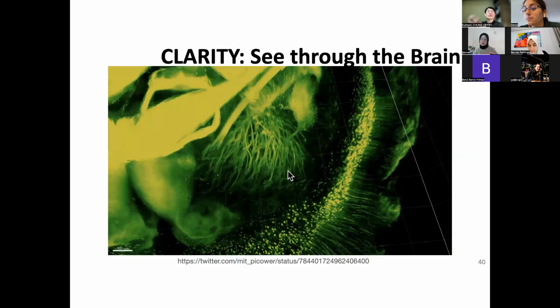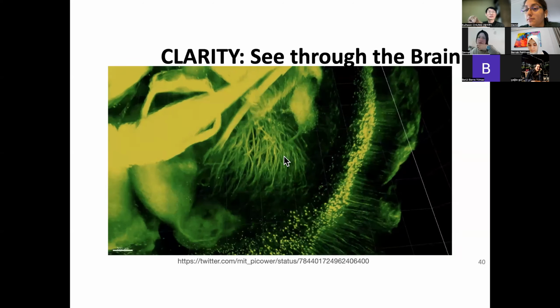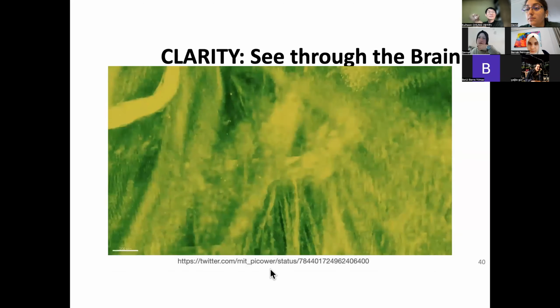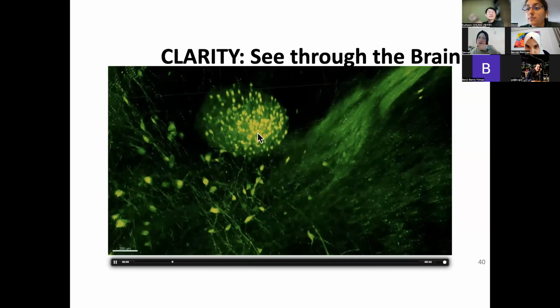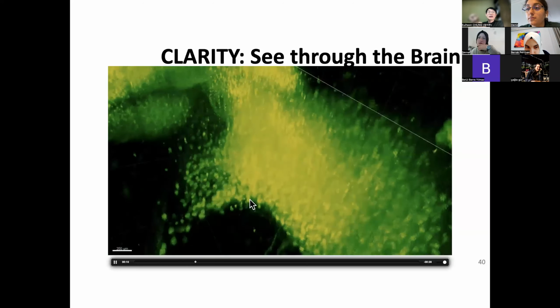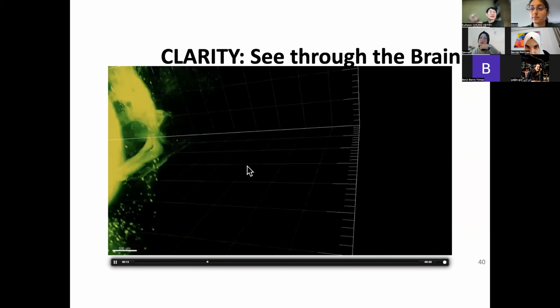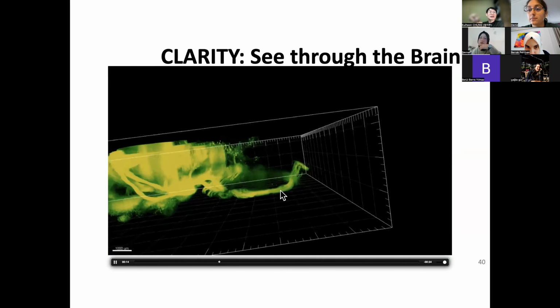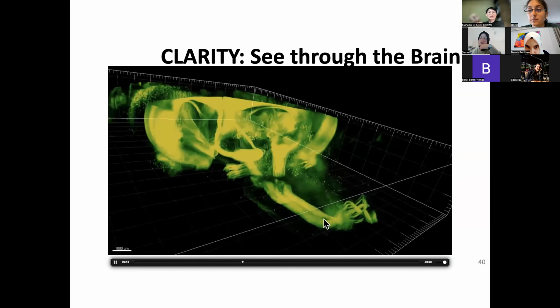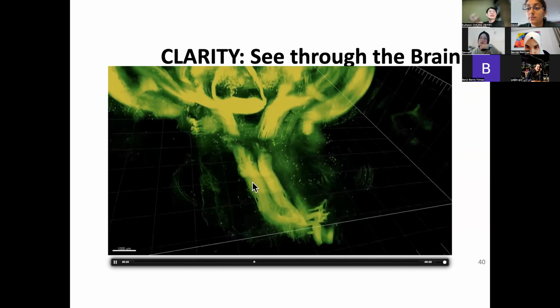So afterwards you can see through the brain, of course in this case with fluorescence microscope by using confocal microscope. You can see inside the brain each individual cell labeled with fluorescence and their collections, let's say, here. And this is, I guess, a brainstem, which leads to the spinal cord.